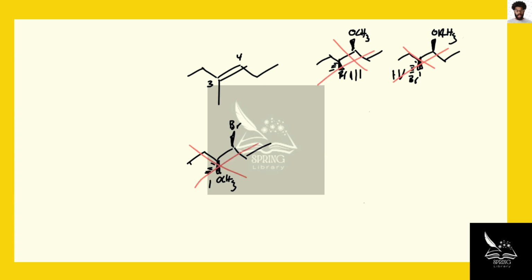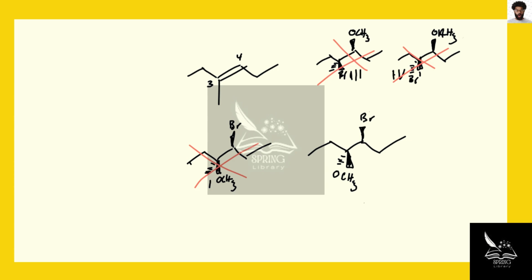Which leaves option 2, and in fact, option 2 is correct. Bromine is on carbon 4, where it should be, the less substituted carbon. And methoxide is on carbon 3. I drew that incorrectly. OCH3 is on carbon 3 where it should be.